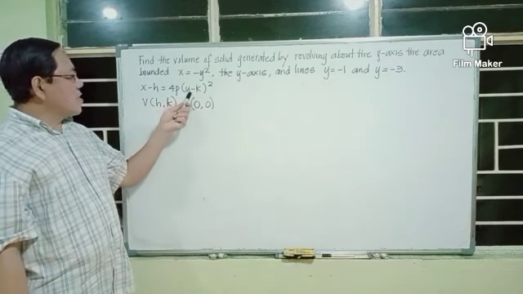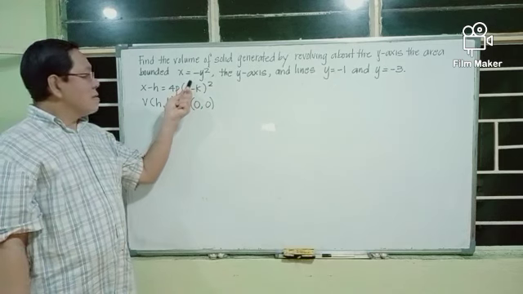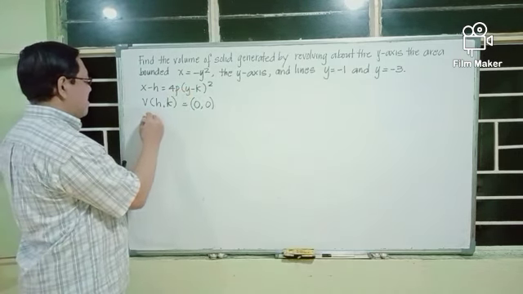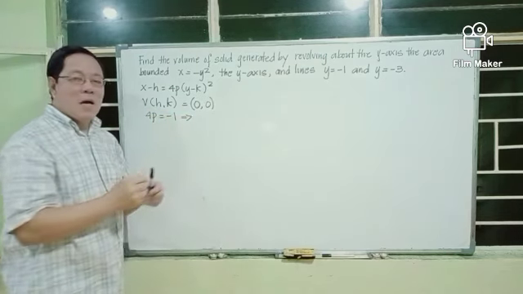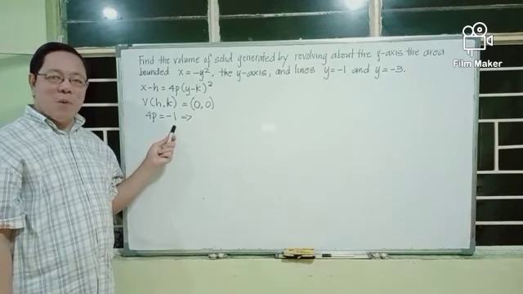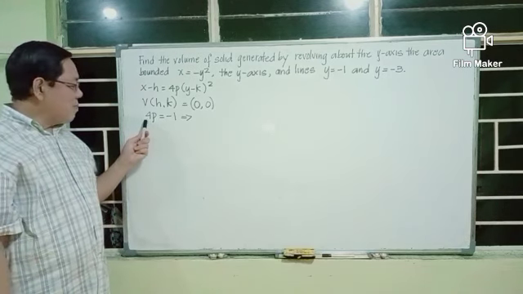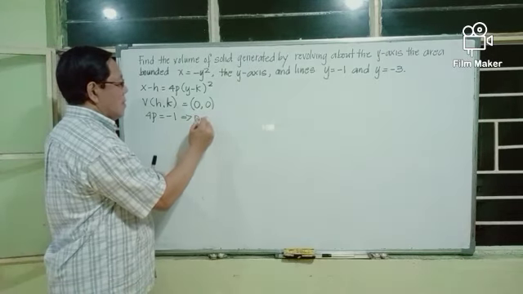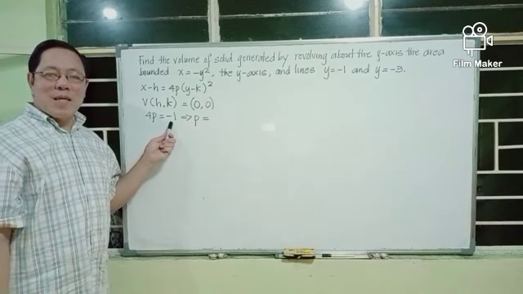Now, the coefficient of y minus k squared, which is 4p in the given equation of the parabola, is negative 1. Solving for p from this equation by dividing both sides by 4, we divide 4p by 4, we get p. And we also divide the right hand side, negative 1, by 4, we get negative 1/4.